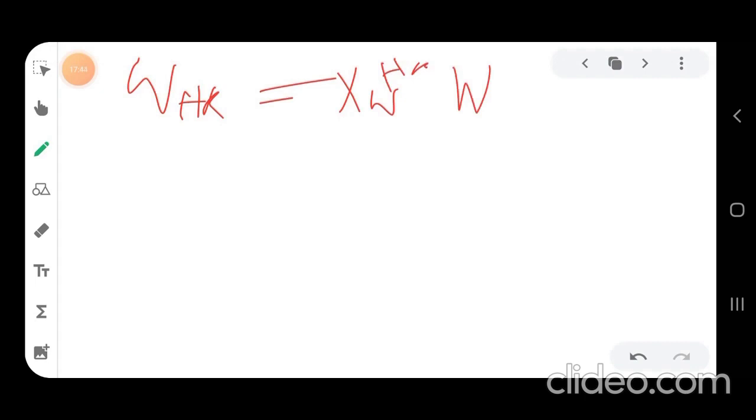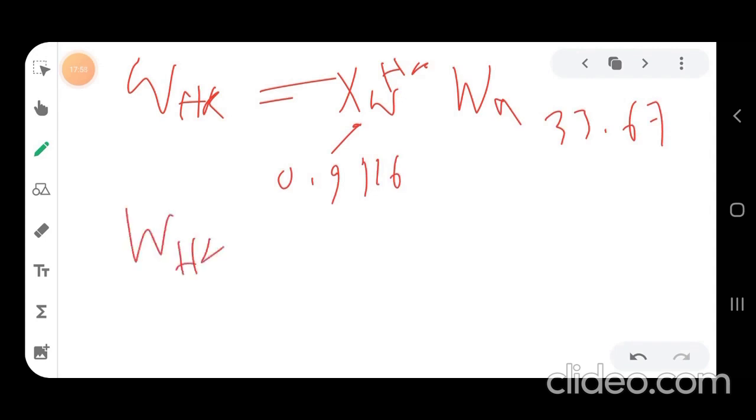I determined before 33.67, and I know XW of the heavy key is 0.9926. So I can easily get that W of the HK is equal to 33.42 kilomole per hour.